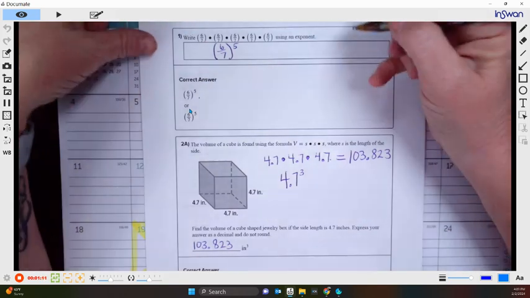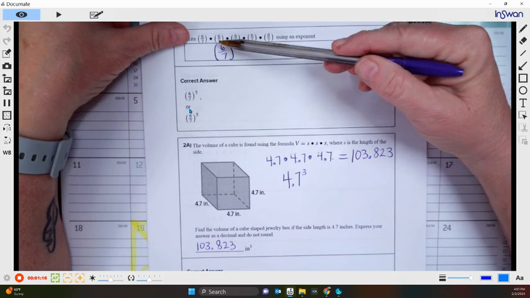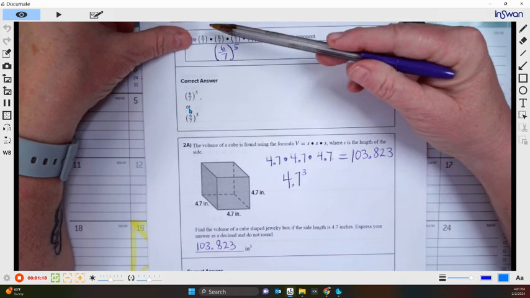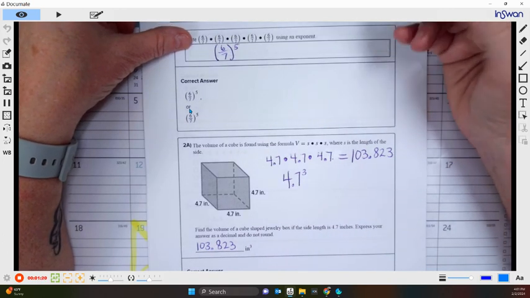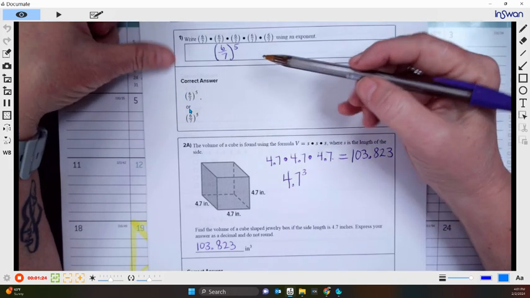So the first one was write the problem, the quantity 6/7 multiplied times itself 1, 2, 3, 4, 5 times using an exponent. And we actually went over this before the test.